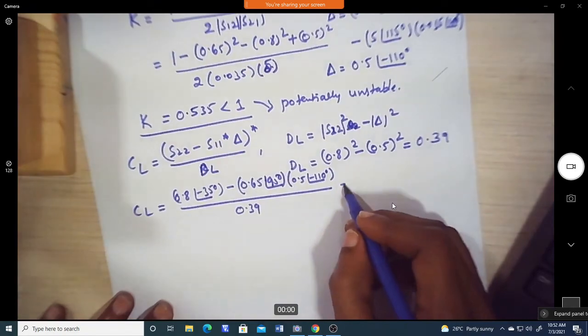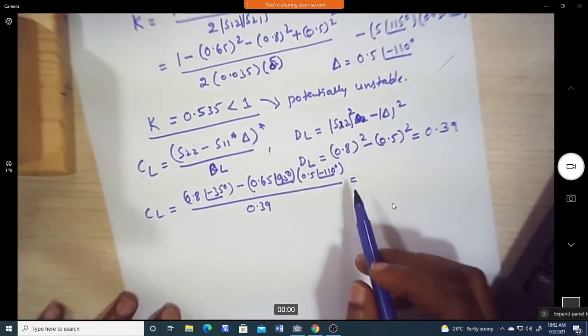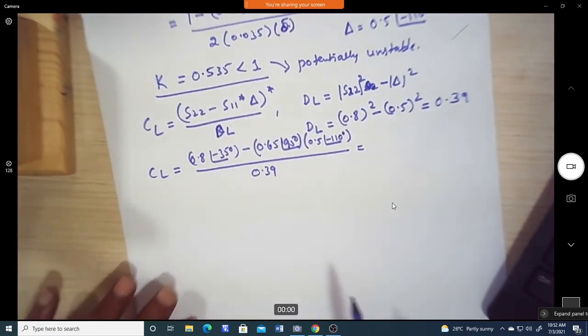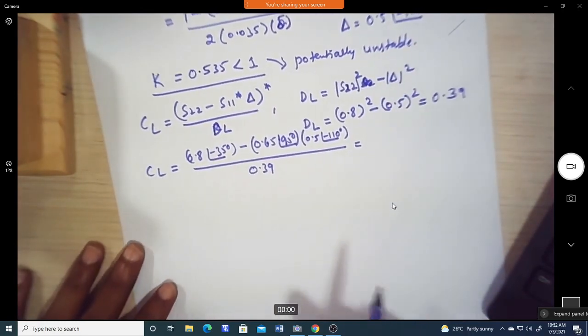You can calculate the CL value and then the RL value. We'll try to calculate all the CL and RL values in the next class.